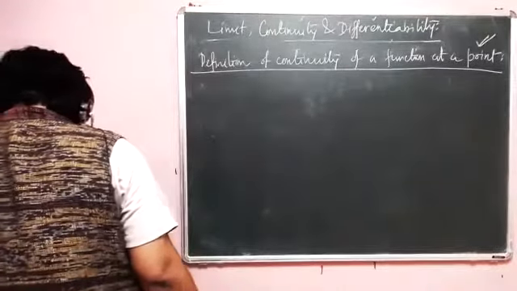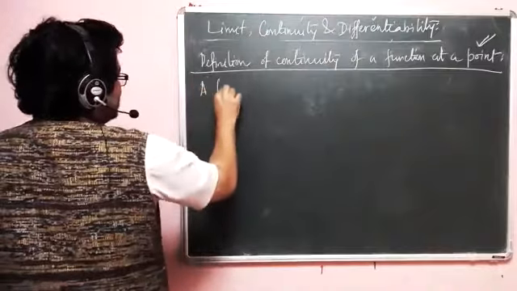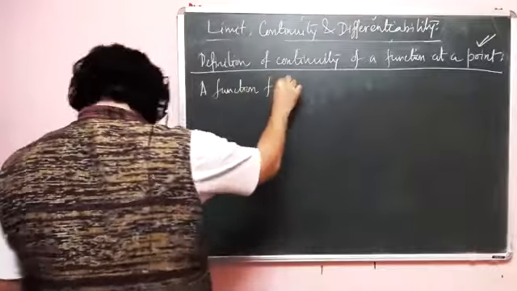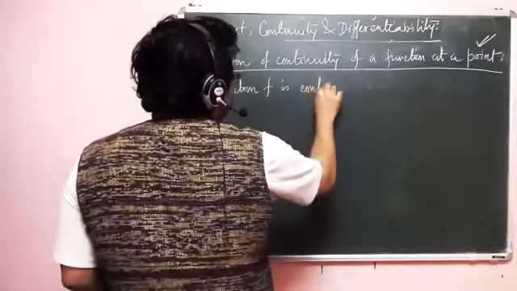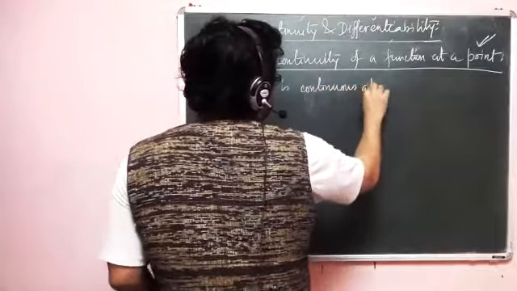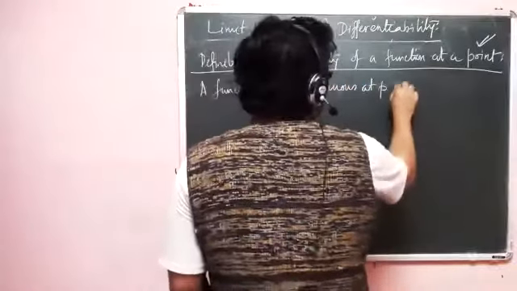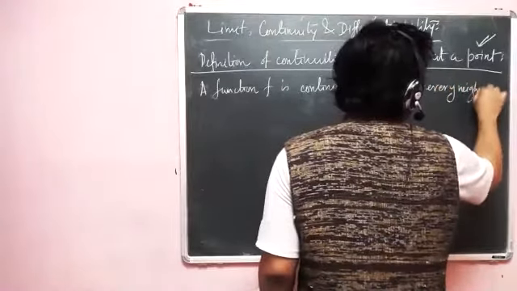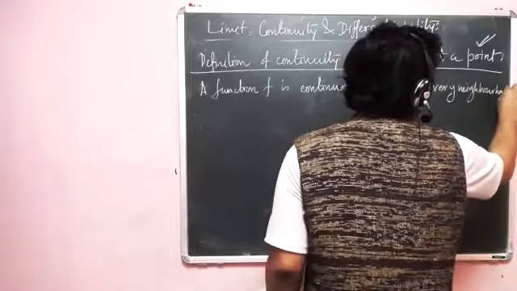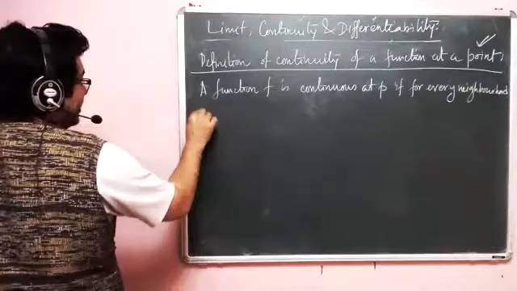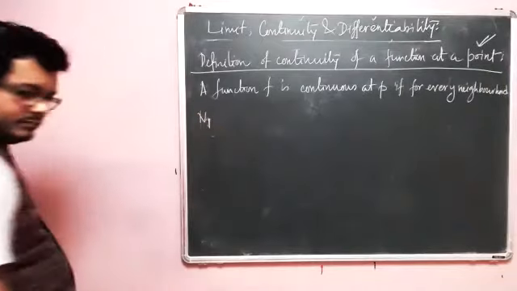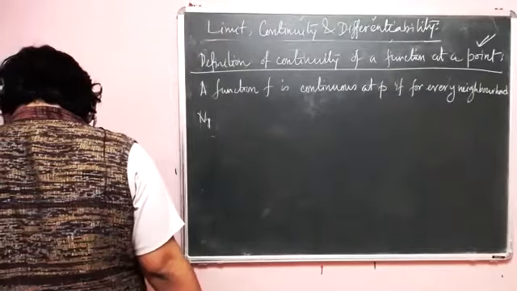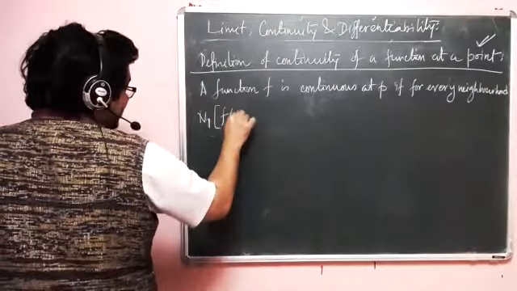So the first one goes like this: a function f is continuous at P if for every neighborhood n1, and now I'll write n1 of f of P.